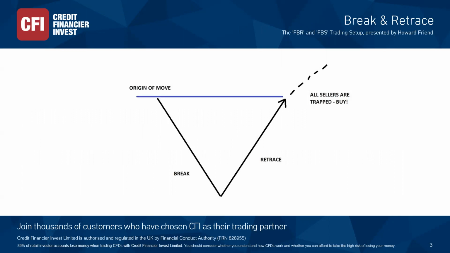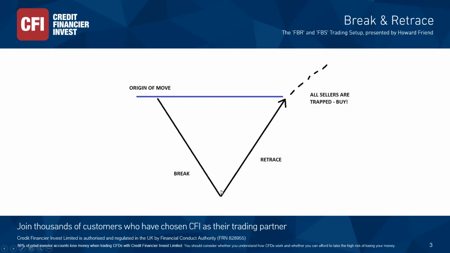So break and retrace works like this. This is the bullish, the buy example. The price starts off at roughly an equilibrium point. We get a break through a support level, or a piece of news comes out and the market makes a sharp break lower. So we get a very sudden move to the downside. Now, most of the time after a break move, the market goes sideways for a bit and then it continues in the direction of the break move.